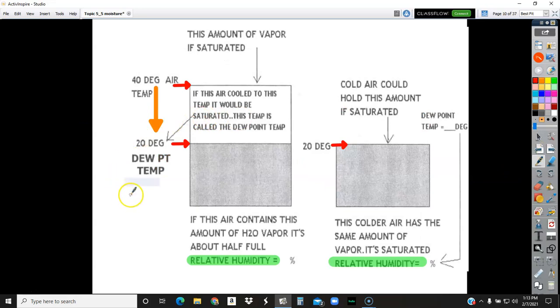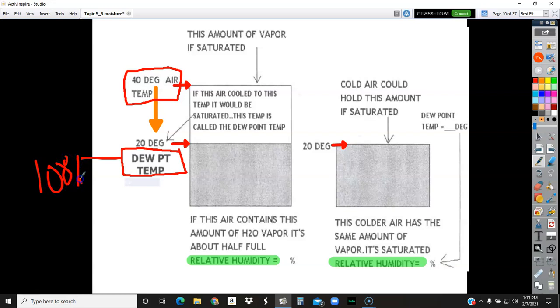Okay, when we're talking about humidity, there's two temperatures you want to look at. The actual temperature outside, which is the air temperature, and another temperature called the dew point temperature. Dew point temperature is the saturation point, when the air is at 100% relative humidity, when the air is totally saturated or full of moisture.